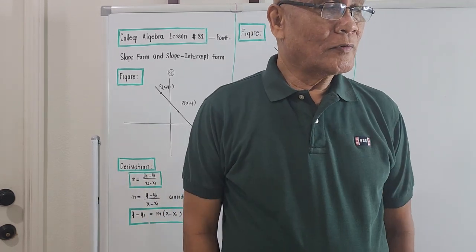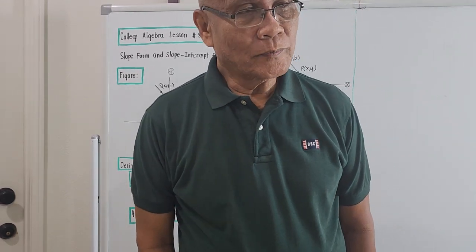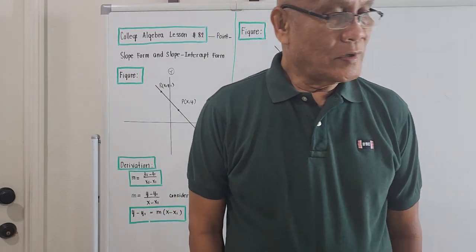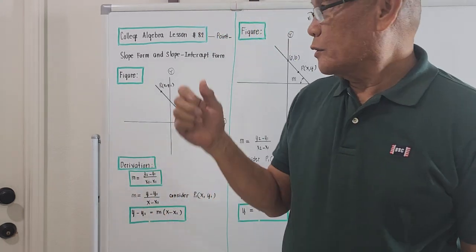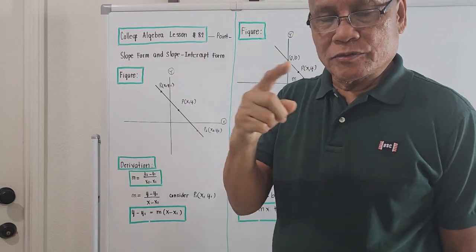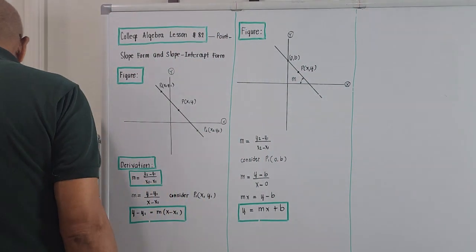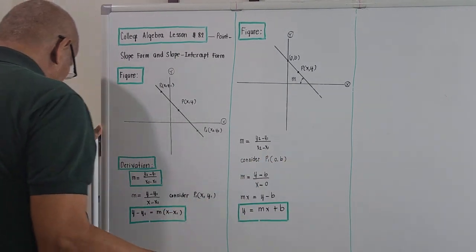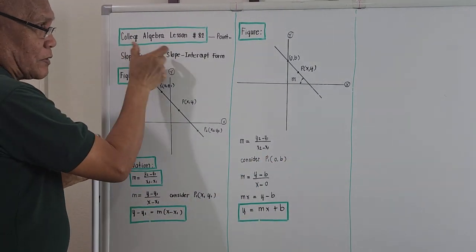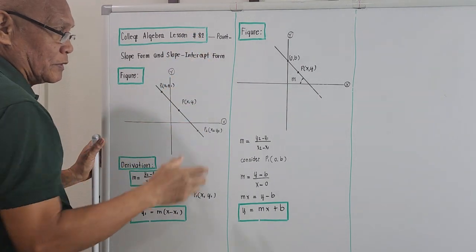Okay, my topic for this session will be a continuation of my college algebra, and we are now on lesson number 82. Okay, let's proceed. The subject matter for this morning will be college algebra, lesson number 82.